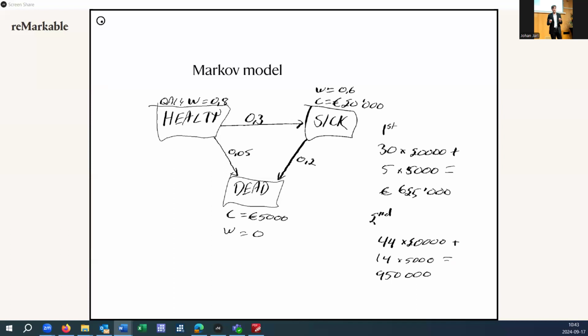However, these costs should obviously be discounted to the present value. And using a discount value of 3% will give us a present value of around 895,466.